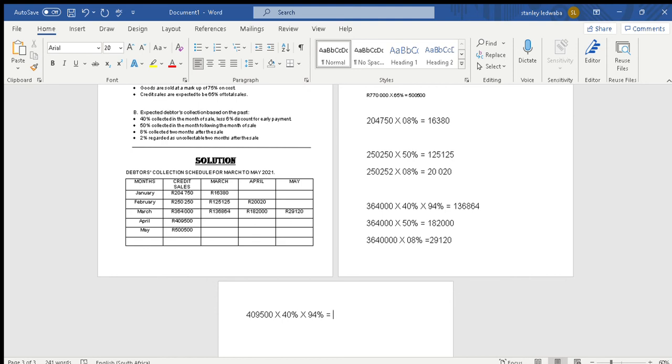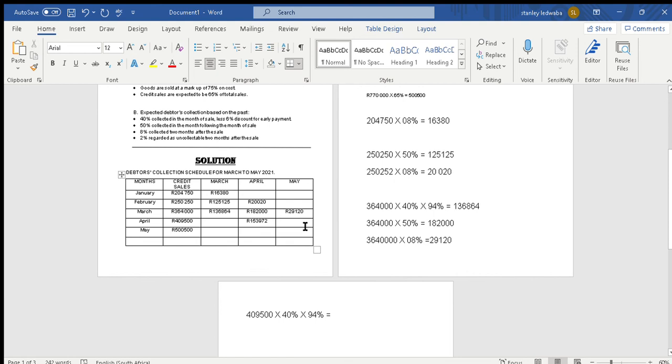It is giving us 153,972. Remember, we are on the month of April, and we are calculating for April. Then for May we are collecting 50%, right?